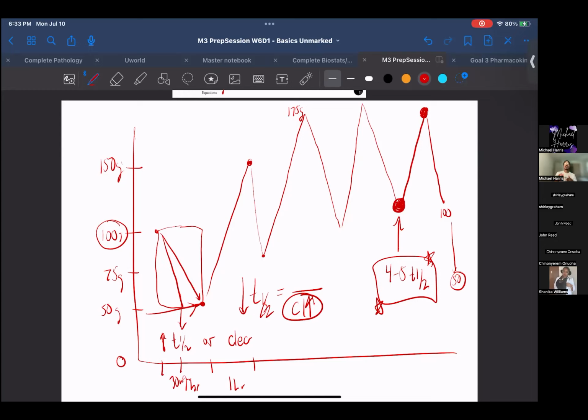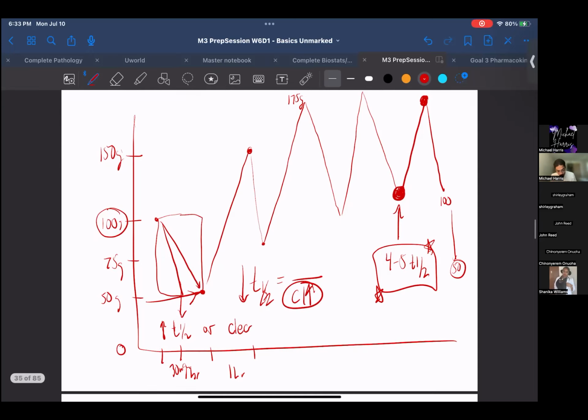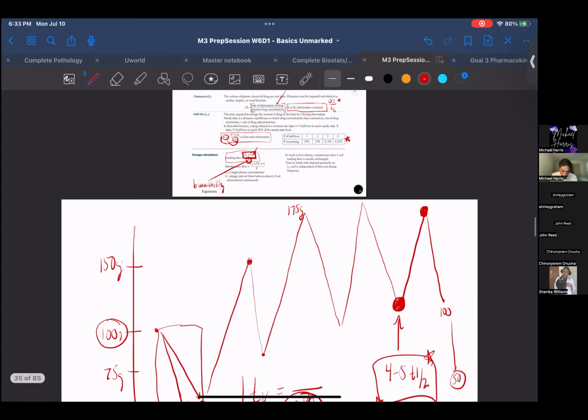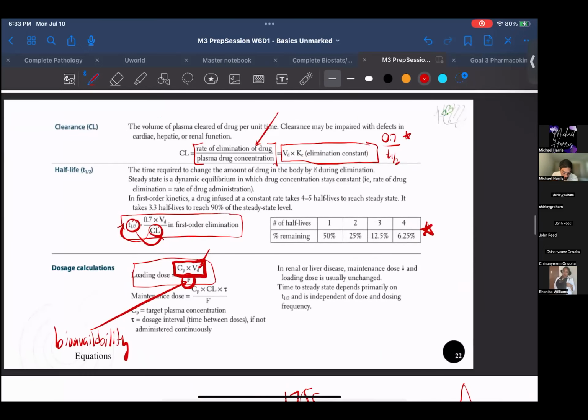That's why sometimes you can miss a dose on certain drugs and you're still in the same range. Now, do I advise that? No.